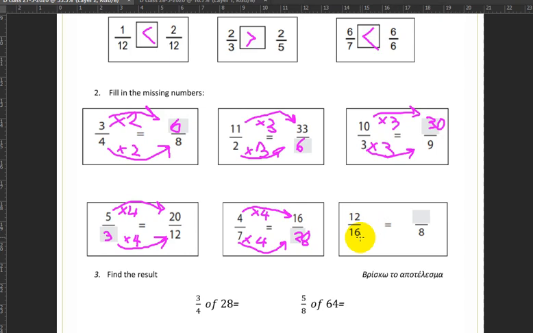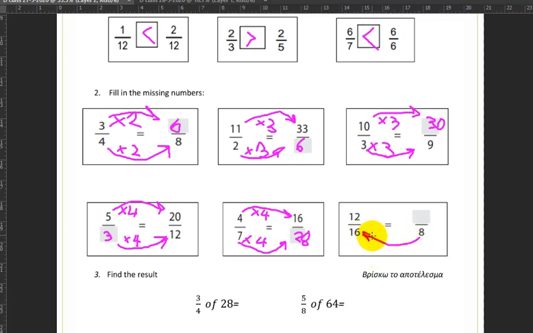Next we say 16. Oh, here it's reverse. So here basically the fraction with the smaller numbers is on this side. So here are the options. You can make the arrows go this way, but you have to divide instead of multiply, because you can't multiply 16 by something and get 8.